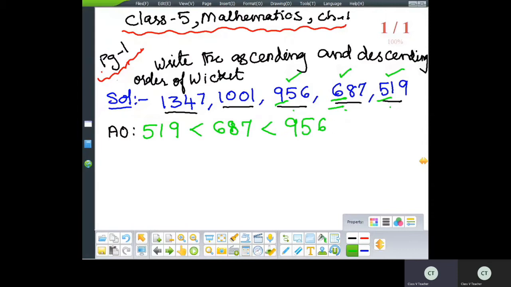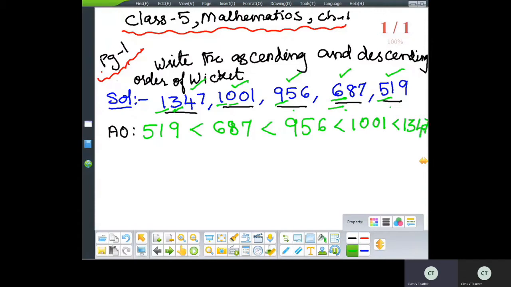In 4-digit numbers, what will you check first? Thousands place. Thousands place, both are 1. So now move on to the next place, hundreds. 3, 0. Which is smaller? 0 is small. Yes. So this number will come first. Yes, 1001. So what is the number remaining now? 1347. So this is the ascending order.